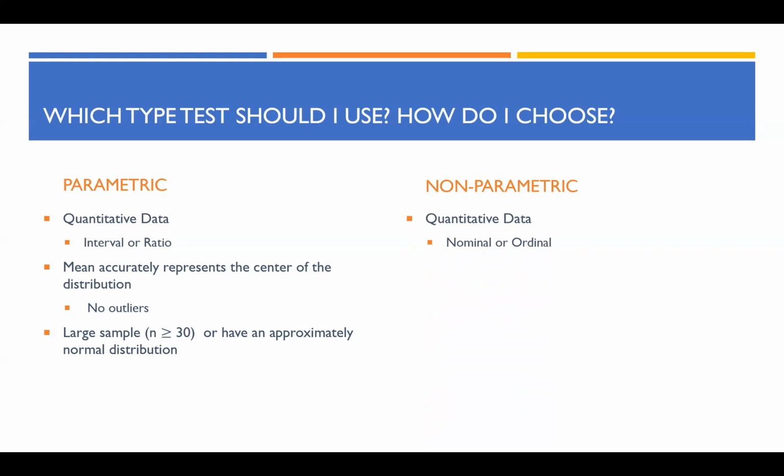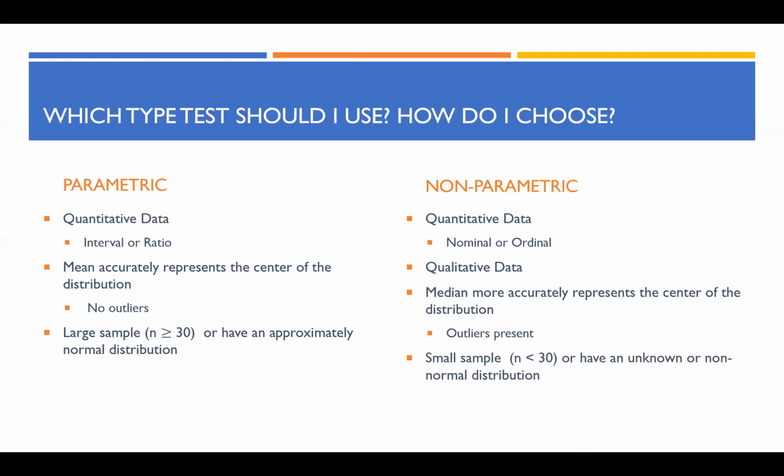For non-parametric, you could have quantitative data or qualitative data that's typically at the nominal or ordinal level. You can have qualitative data, and I got that backwards. Median: does the median more accurately represent the center of the distribution? That's where you have to think about whether you have a lot of outliers, and are those outliers influencing that mean or the average, so that you really should use the median?